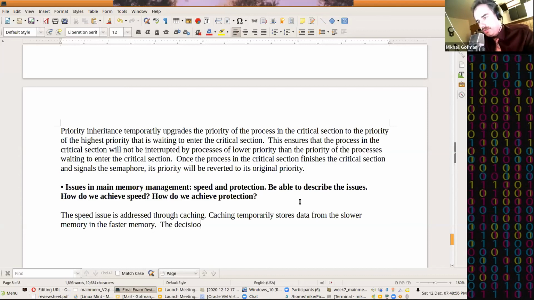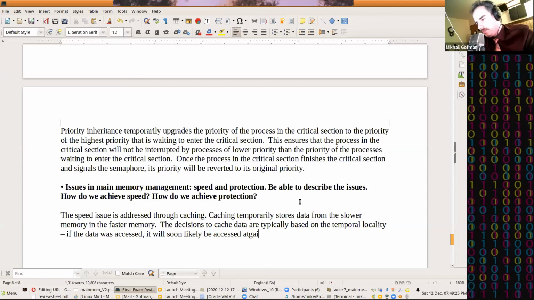The decisions to cache data are typically based on the temporal locality, meaning if the data was accessed, it will likely be accessed again soon.